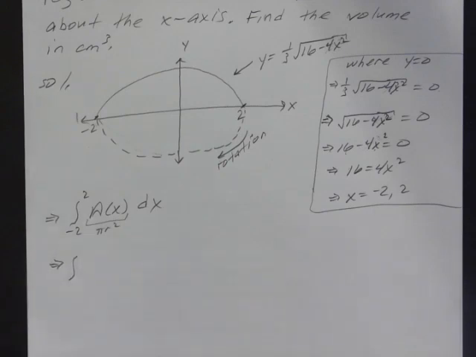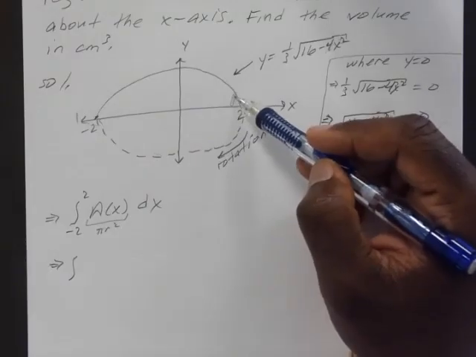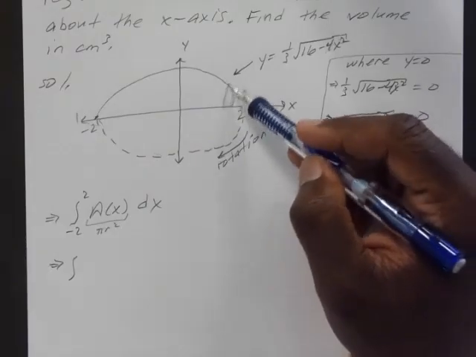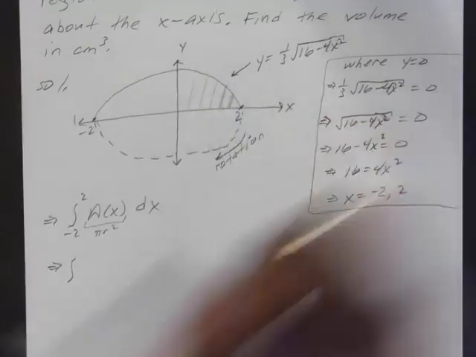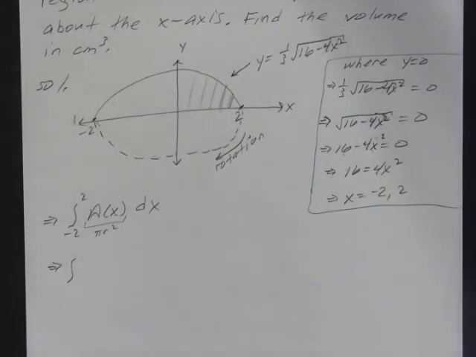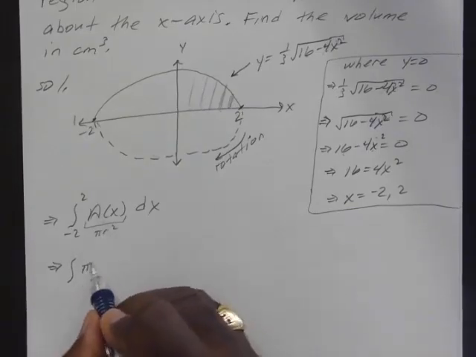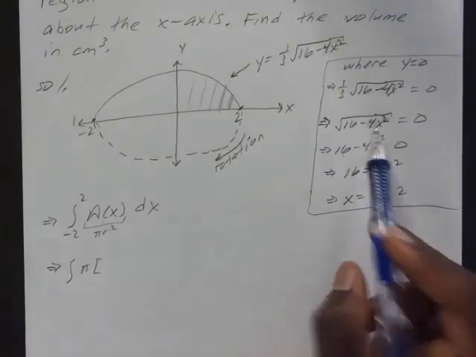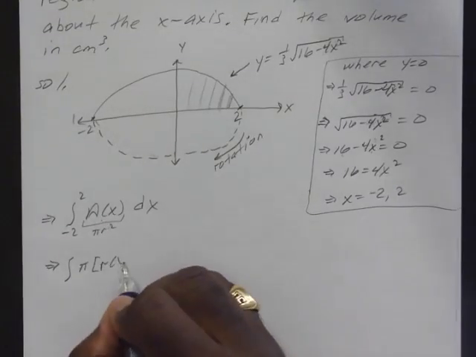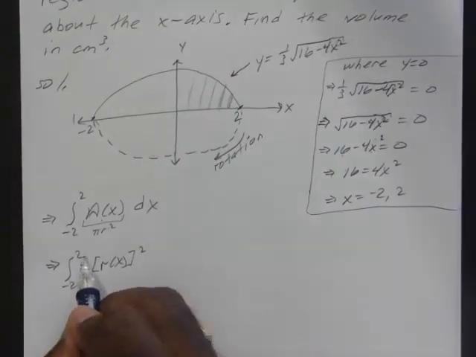But again, it all depends, because that cross-sectional area varies depending on the value of x. That means that cross-sectional area is just pi times the function of the radius squared from negative 2 to 2.